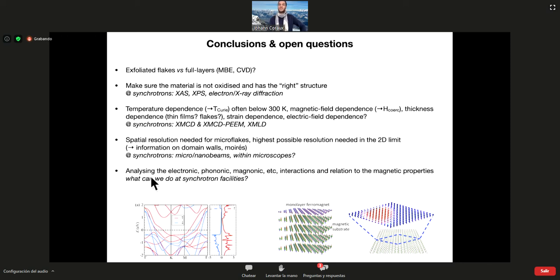And I didn't mention that so far, but there are many things we would like to do also with relating what we observe in terms of magnetic properties with other excitations in the material: electronic, phononic, magnonic. Here you see, for instance, the electronic band structure calculated for chromium ditelluride, which remains to be verified experimentally. And, well, I think I already spoke too much, so I would like to apologize for that.